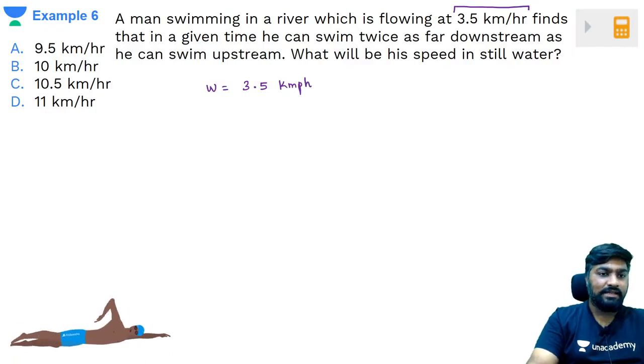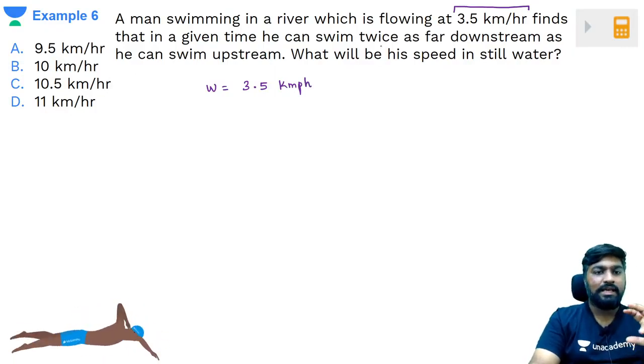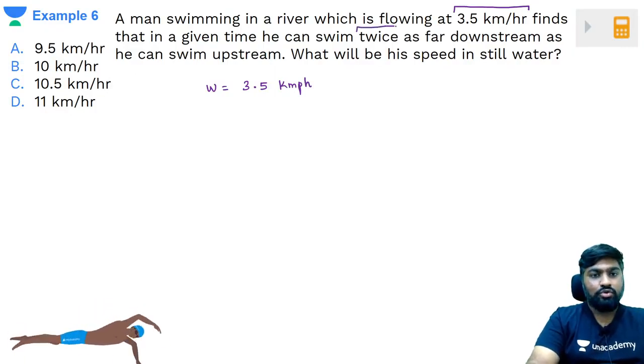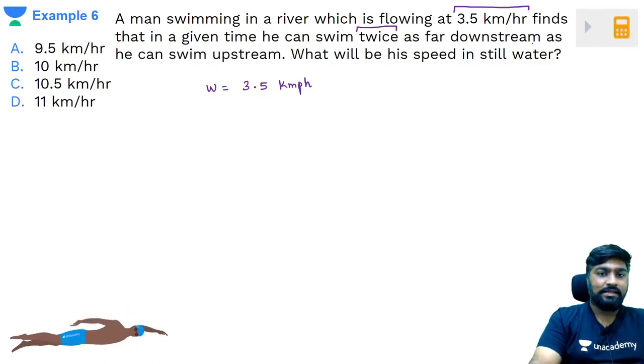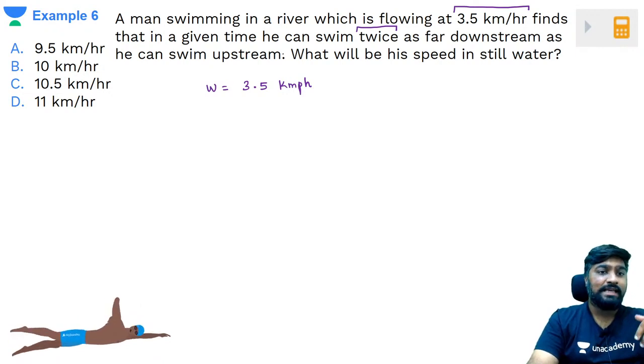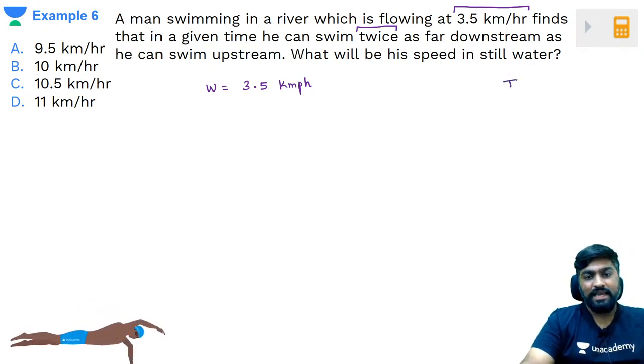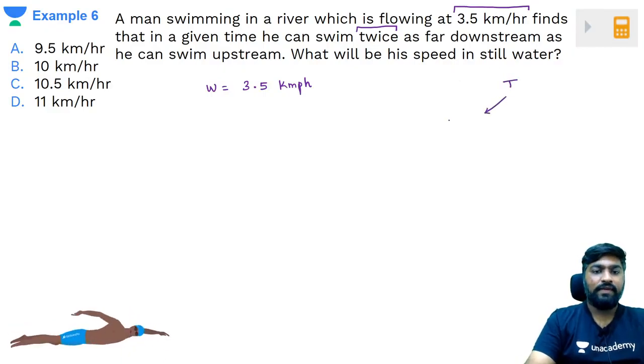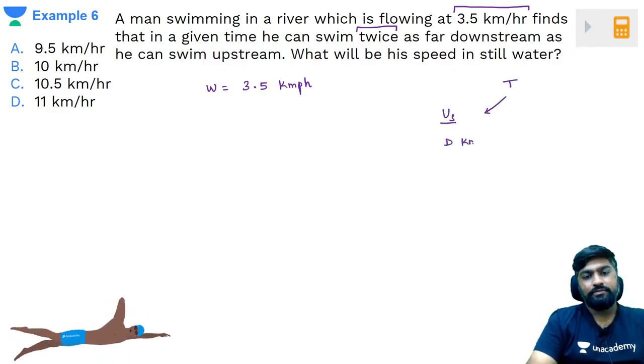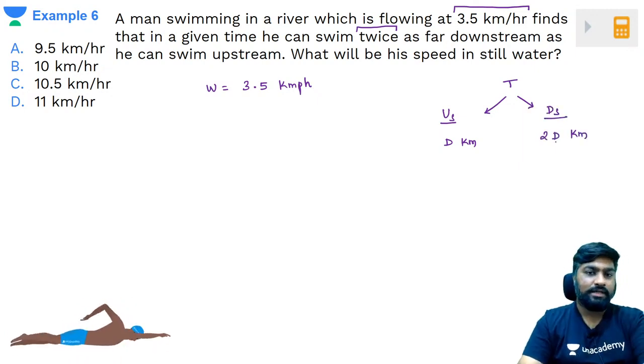He finds that in a given time period, he can swim twice as far downstream as he can swim upstream. So for the same time taken, if he travels upstream, let's say d kilometers, then downstream he travels twice the distance, 2d kilometers.